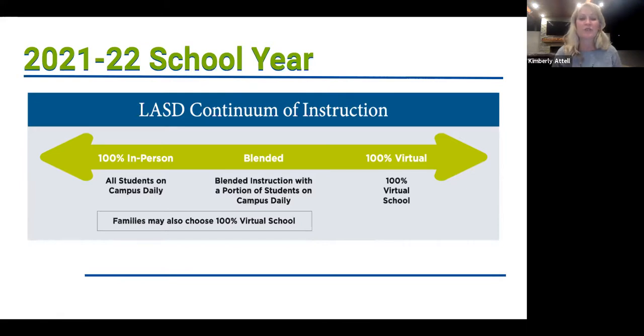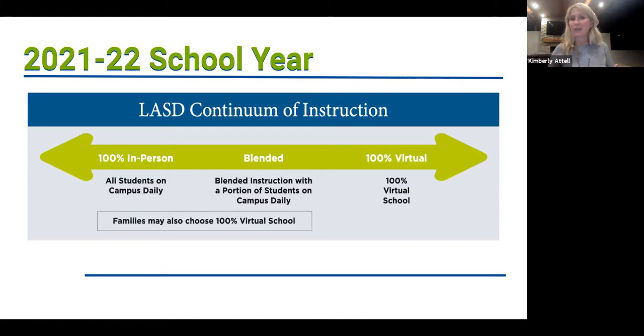This year, we've used this as a continuum of instruction where you see on the left side, we have 100% in person, and on the right side, we have 100% virtual. And in the middle, that's kind of where we are right now. We are in blended instruction with a portion of our students on campus daily.